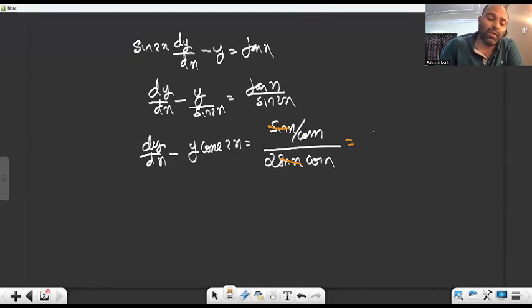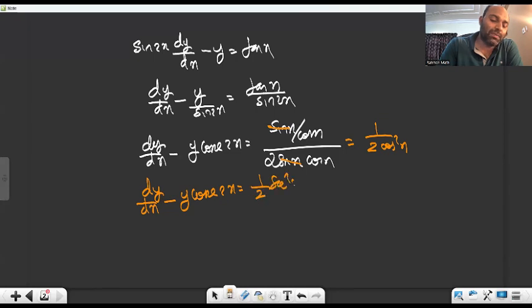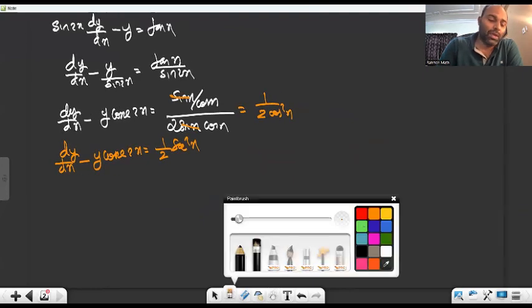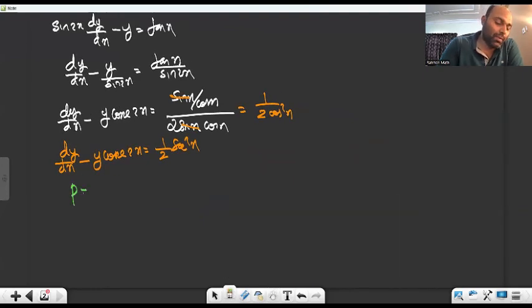So this will be 1 by 2 cos square x, because cos gets multiplied. So your equation becomes dy by dx minus y cosec 2x equals 1 by 2 sec square x, because cos square x in the denominator means sec square x. Now identify P. P equal to minus cosec 2x, Q equal to what? 1 by 2 sec square x.